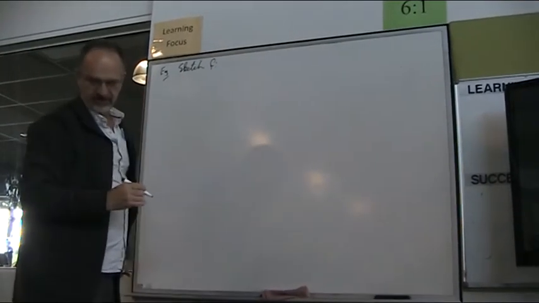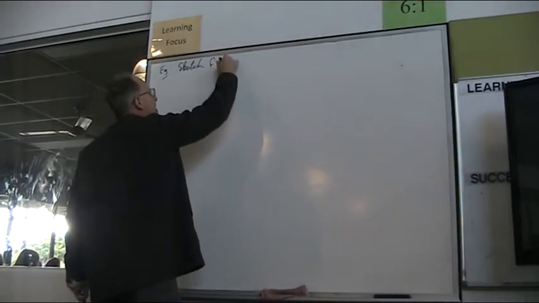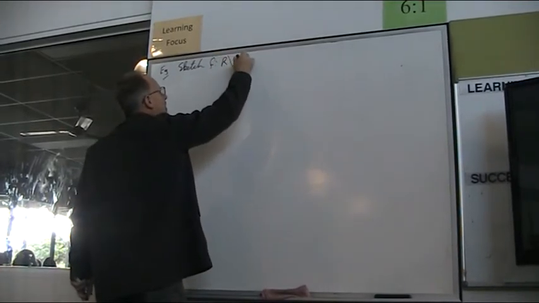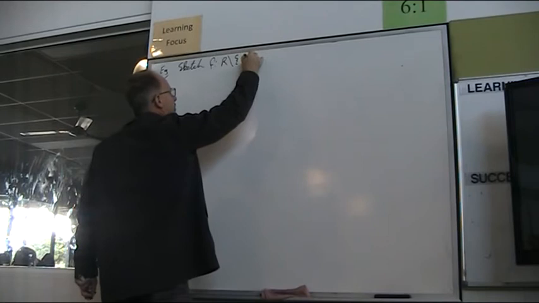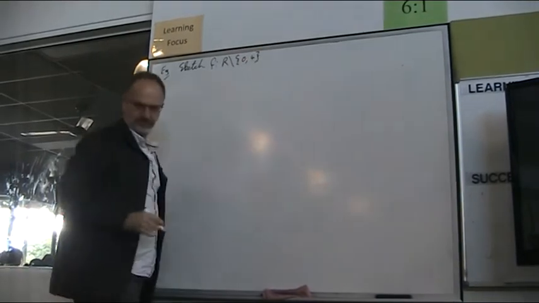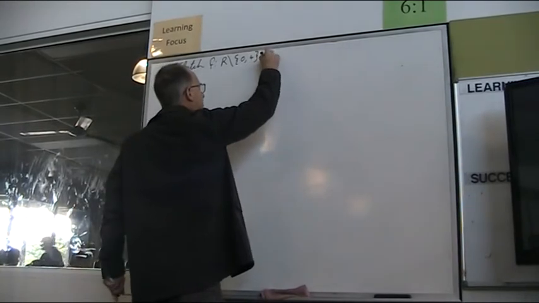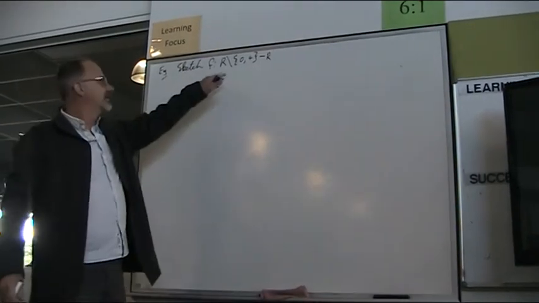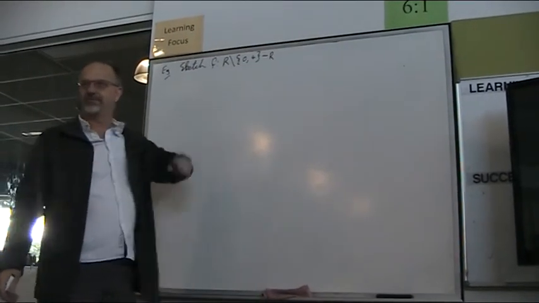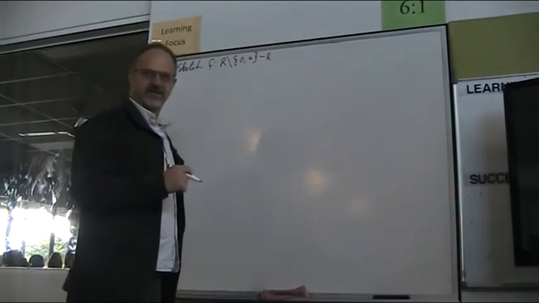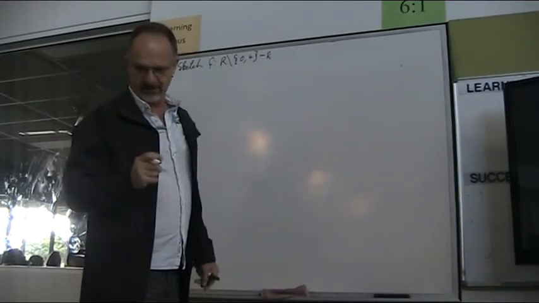And the domain of this function is the real numbers except for 0 and 4. So already that kind of suggests something. If the domain doesn't include 0 and 4, that suggests that something's going to be going on at 0 and 4.